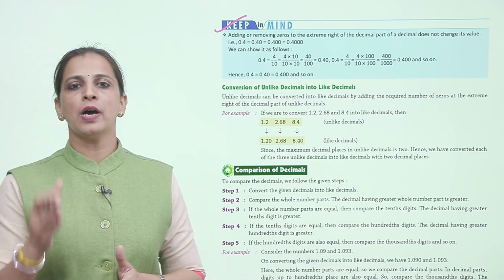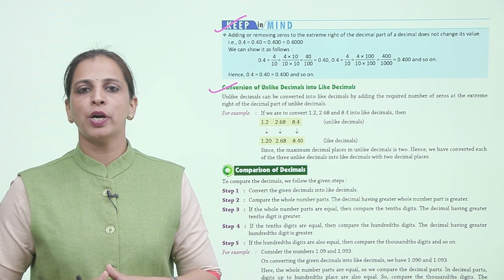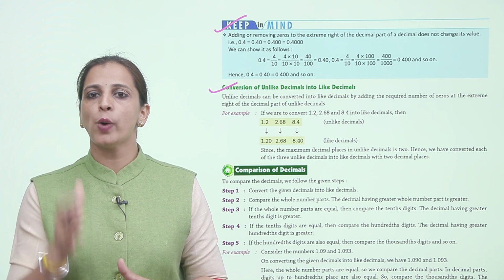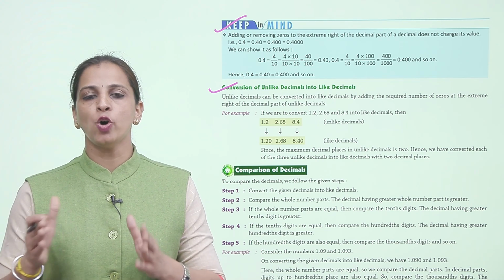Now, conversion of unlike decimals into like decimals. Unlike decimals can be converted into like decimals by adding the required number of zeros at the extreme right of the decimal part of unlike decimals.